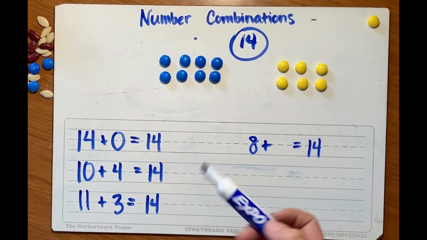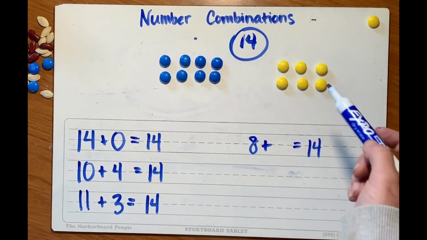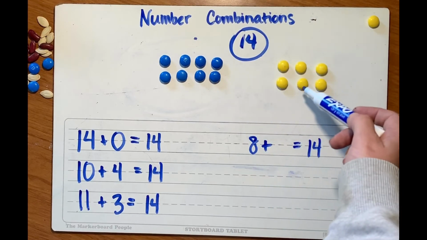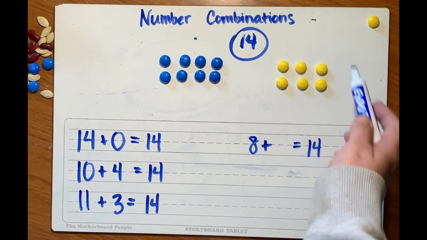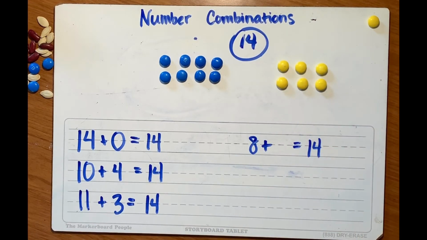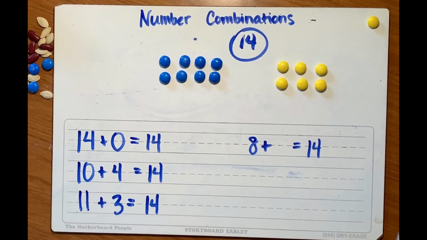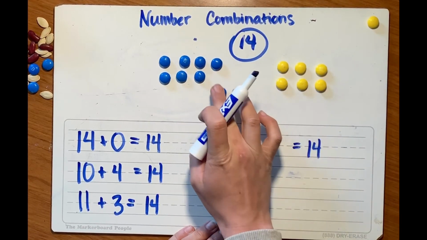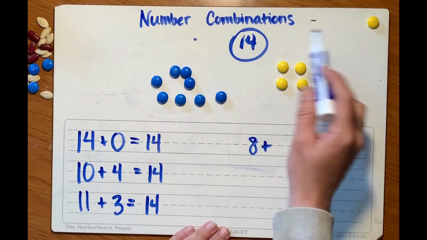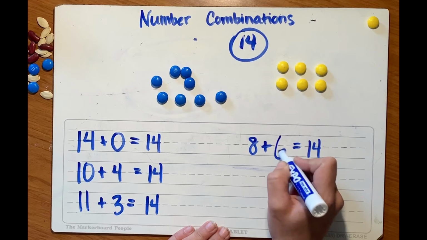We could count up, say 8, 9, 10, 11, 12, 13, 14, and look at it and say that's 1, 2, 3, 4, 5, 6. Or we can start at the 14 total and count back. 14, 13, 12, 11, 10, 9, 8, 7, 6. And understand that there's the 6 there.